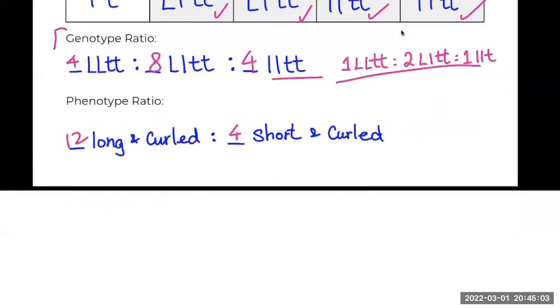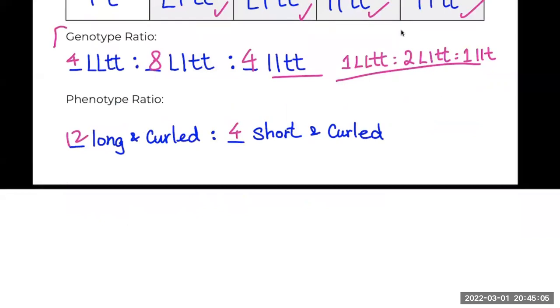Simplify it. And then this one is a 3 to 1 because you can divide it by 4 again. So 12 divided by 4 would be 3. Long and curled, I didn't have enough space, I only write at the bottom, to 1 short and curled.